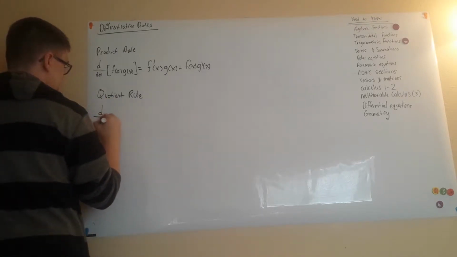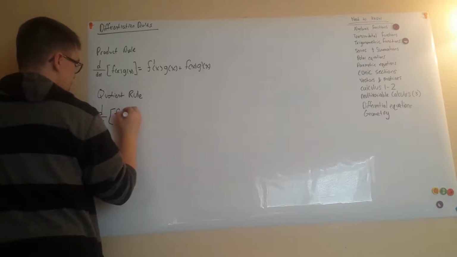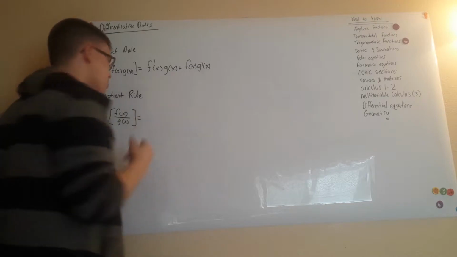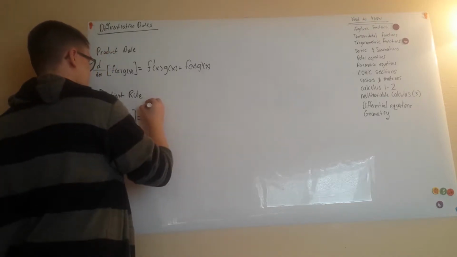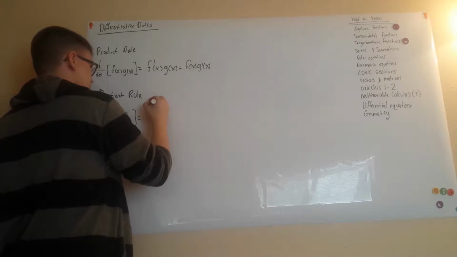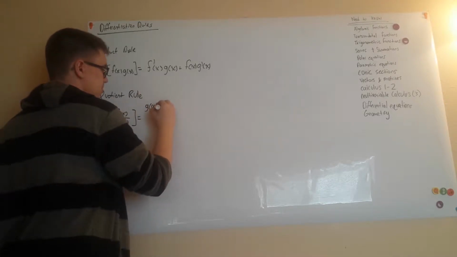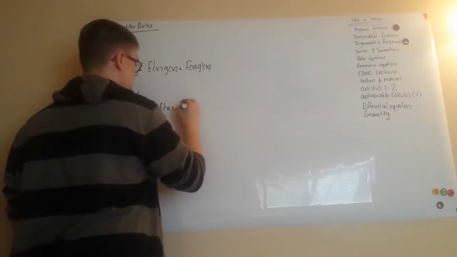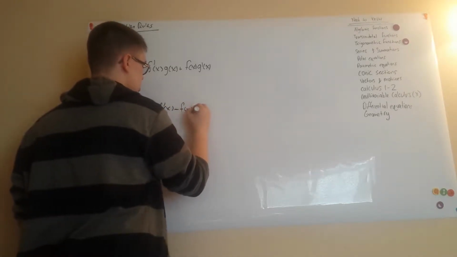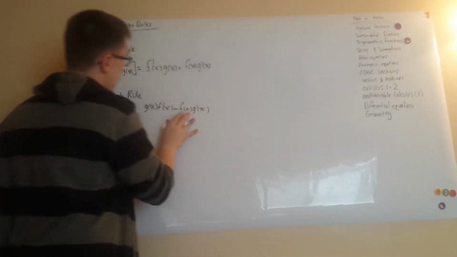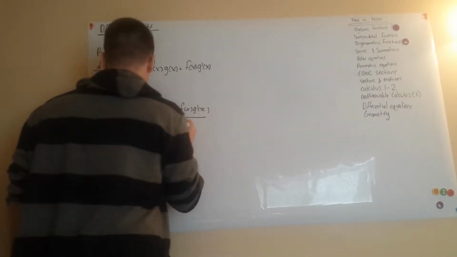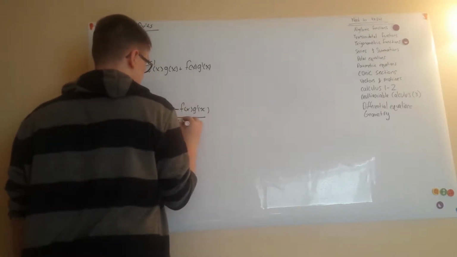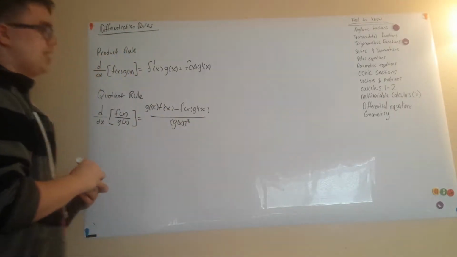So if you're taking a derivative of a function over another one, the derivative is g of x times f prime of x minus f of x times g prime of x. It's almost like this one, but with a minus. All over g of x squared. Now here's the song.